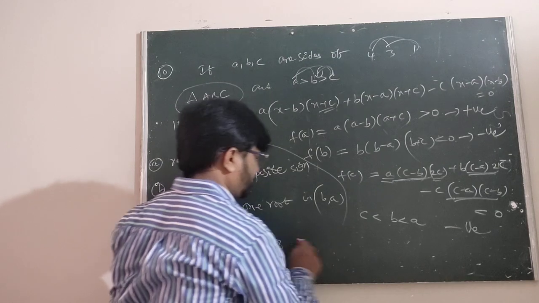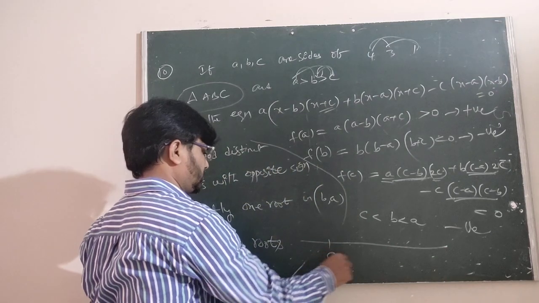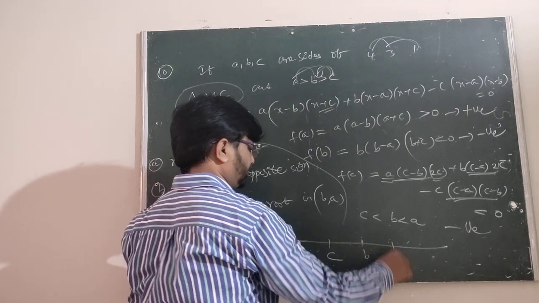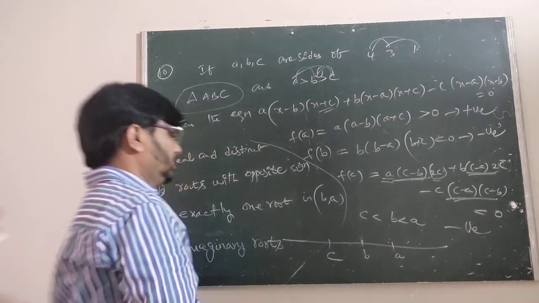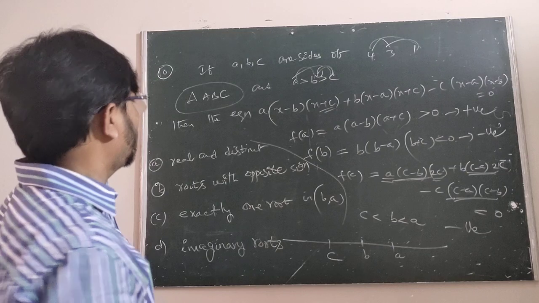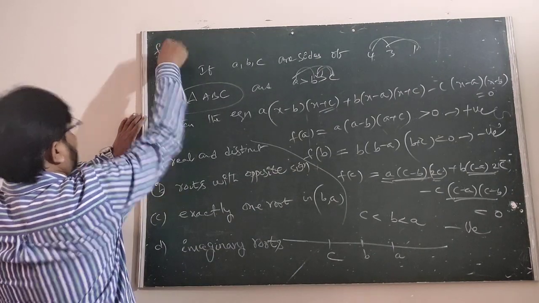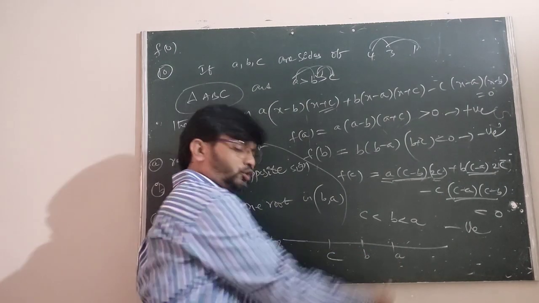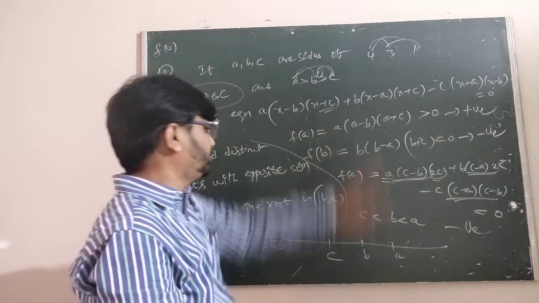Now we write c first, next b, next a. Then we also find f of 0. Before, all of these are positive numbers, since they are the sides of the triangle.